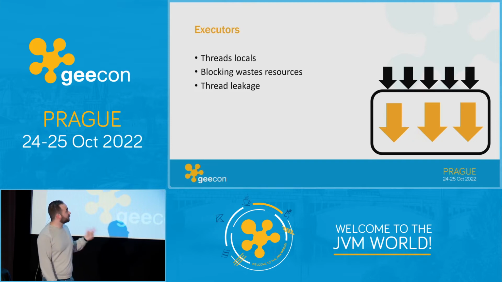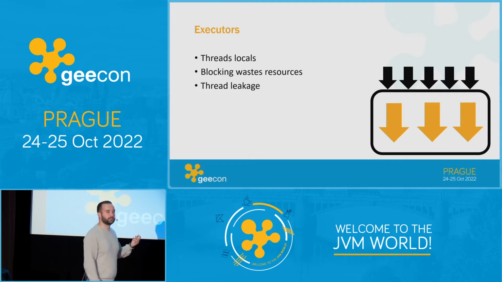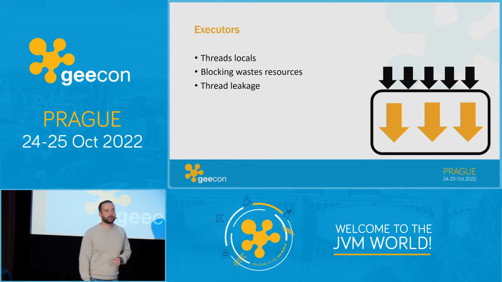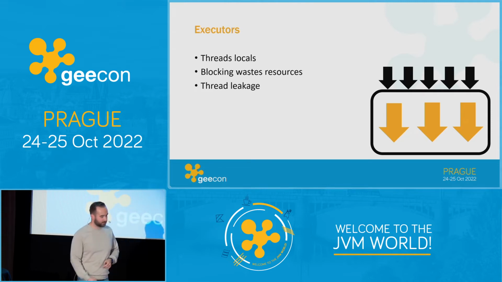And there's also the case that when you have a thread, and it starts running some task, and this task needs to call your file system or some REST API. At that moment, that thread is also blocked. And when it is blocked, it isn't doing anything. So now we have this very expensive resource that isn't doing anything, which is also kind of a waste.